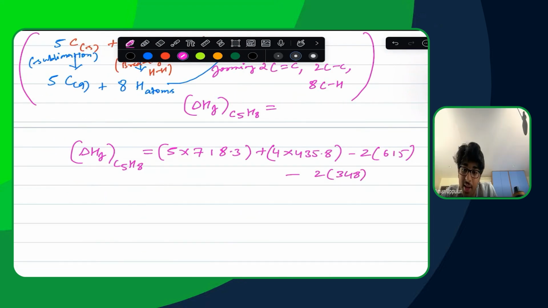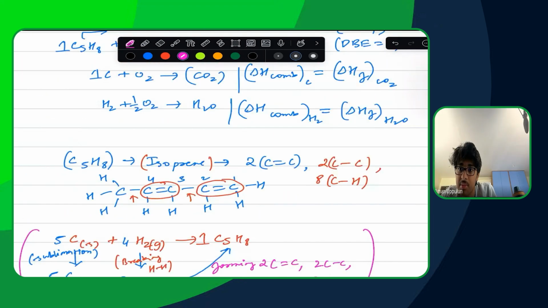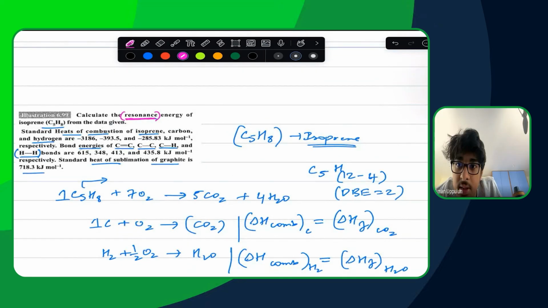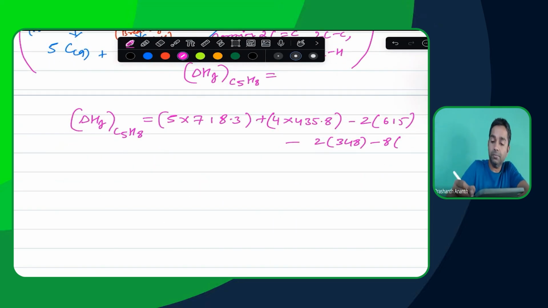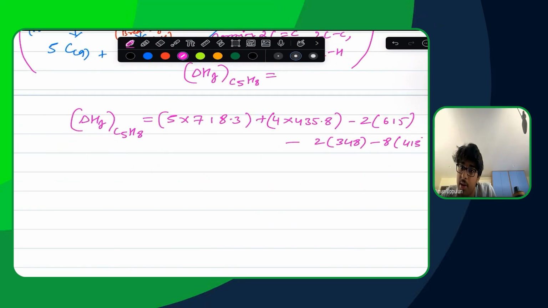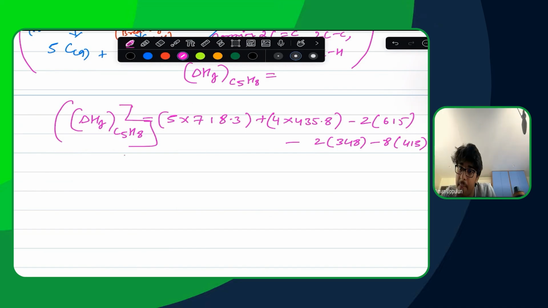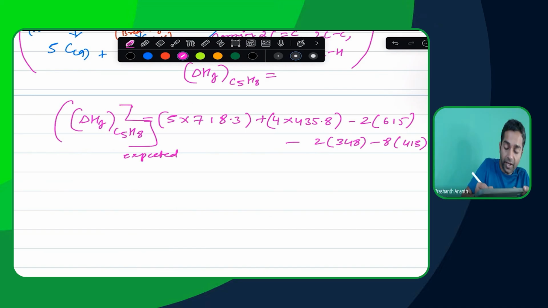Minus 8 into C–H, 413. This is going to be an enthalpy of formation of C5H8 expected, but they gave the value. Expected, no resonance.